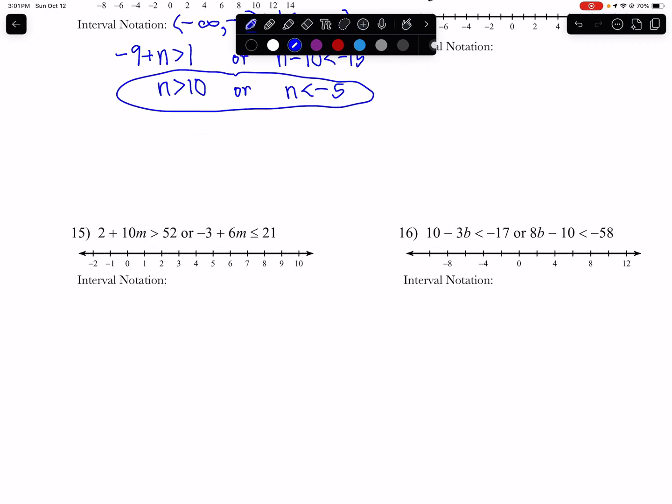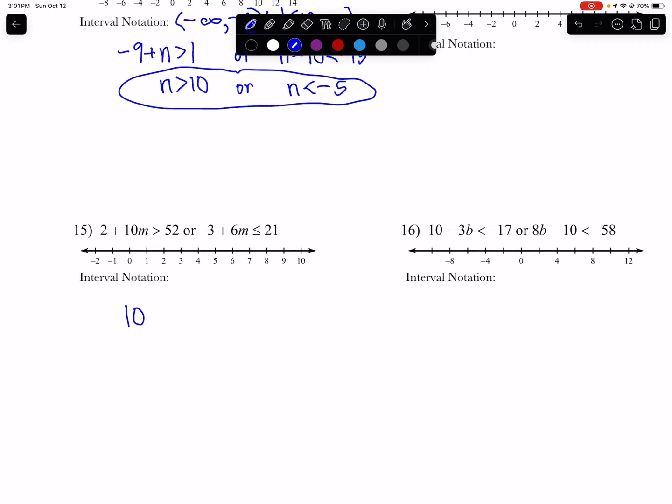Okay, I'll do the first step as I transfer this. So I want to subtract 2. And then I'm going to add 3. Okay, and then from here, I'm going to divide for both. So divide by 10 here, divide by 6 here.